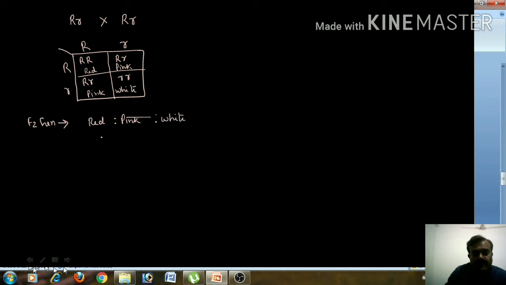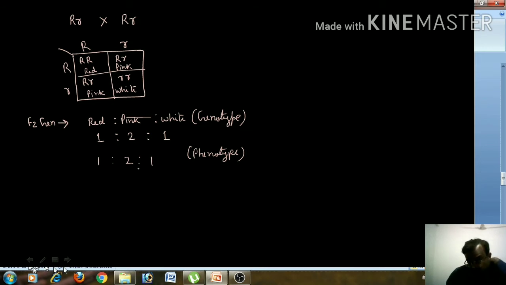How many red? We got one red, two pink, and one white. So one red, two pink, and one white. And so what was this? Genotype. And if we talk about phenotype, the phenotypic ratio was also the same, 1 is to 2 is to 1.